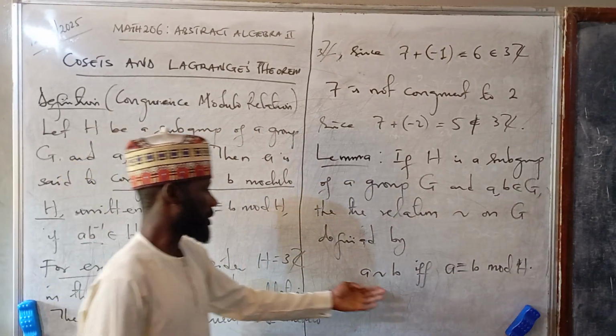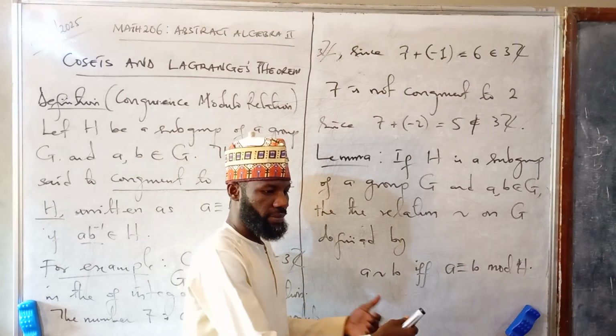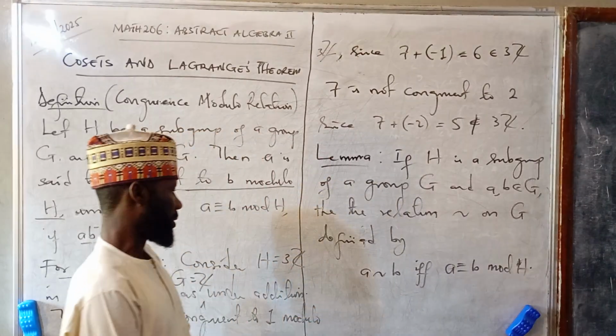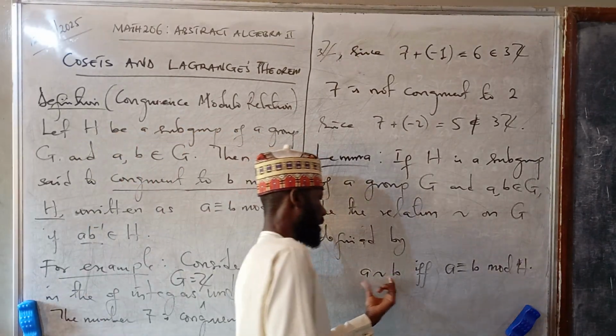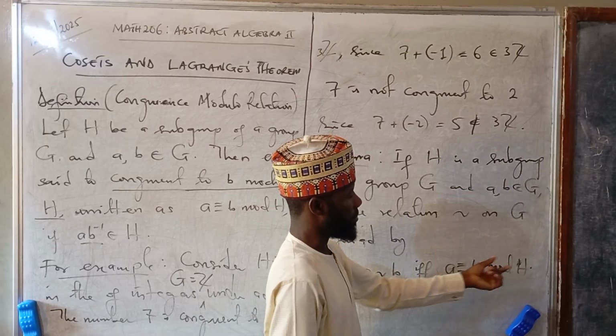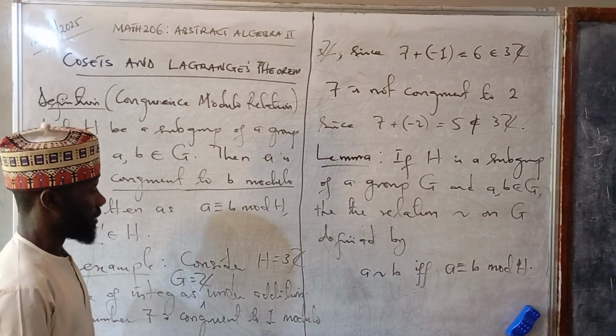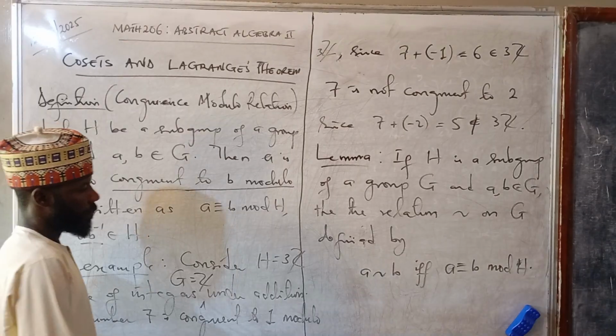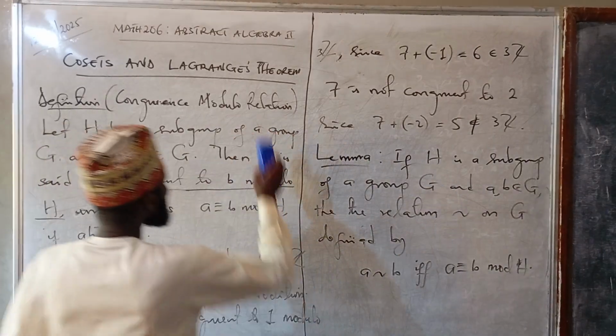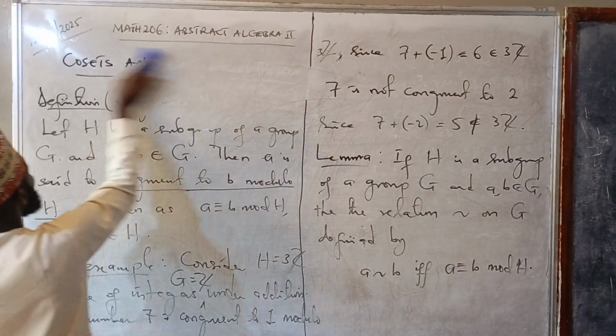And every definition is biconditional, actually. So even if I say they are related if A is congruent to B modulo H, you understand it means if and only if. So what do you mean by equivalence relation?